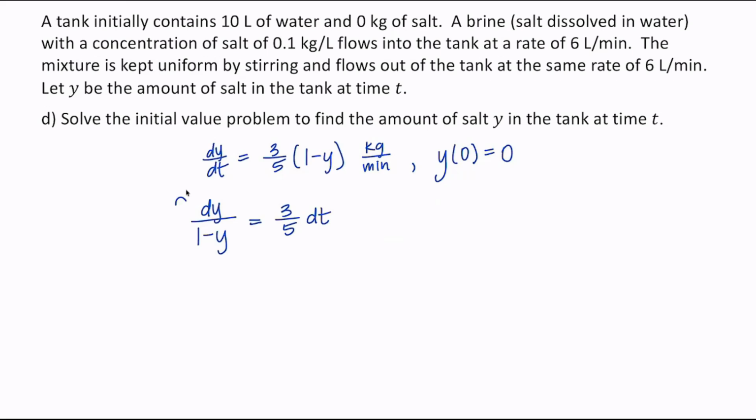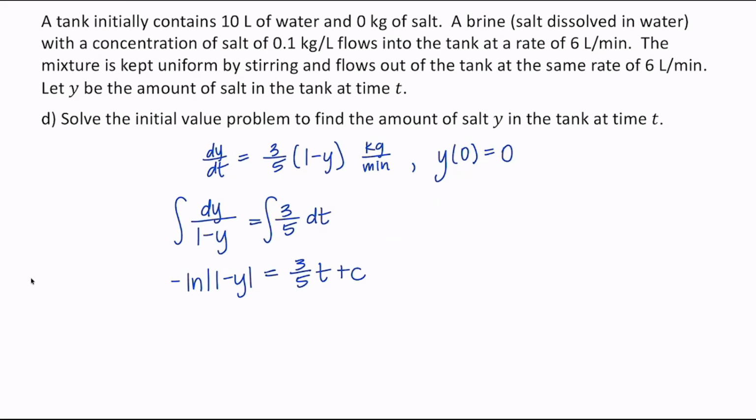Now I can integrate both sides. Here I'm going to get a natural log, but there's 1 minus y, so we will have a negative in front. So negative natural log of the absolute value of 1 minus y is equal to 3/5 t plus c.